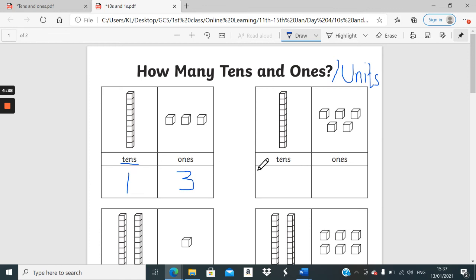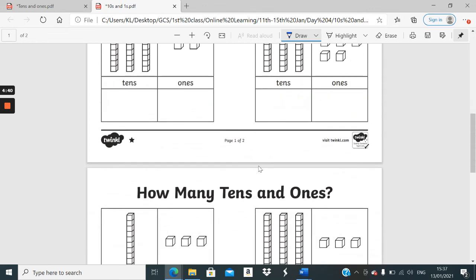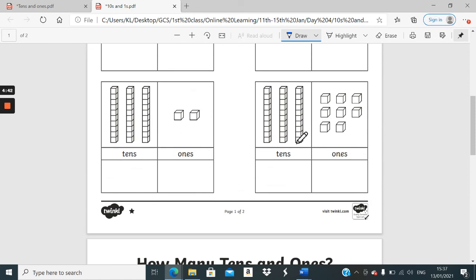Let's do one more, see if we can find a tricky one. Ooh, what about this one here? Right, let's start with the ones, or the units. How many are there? 1, 2, 3, 4, 5, 6, 7, 8. There are 8 units there. How many tens are there? 1, 2, 3 tens.